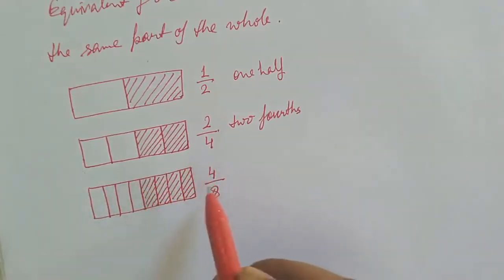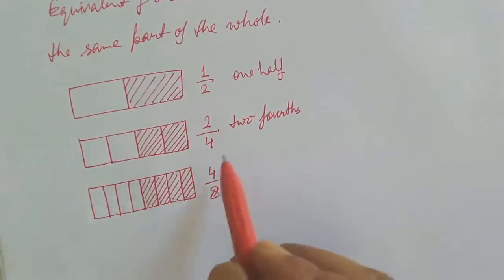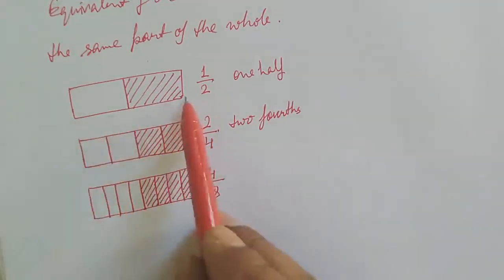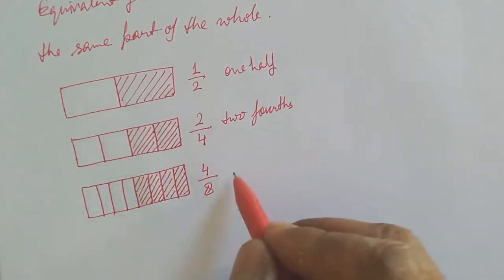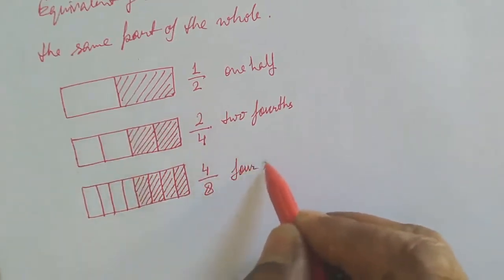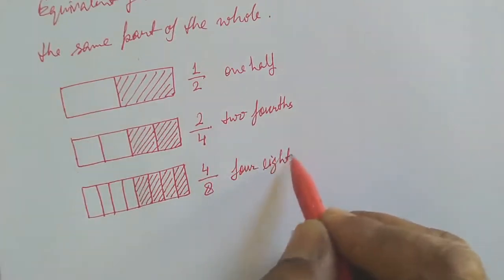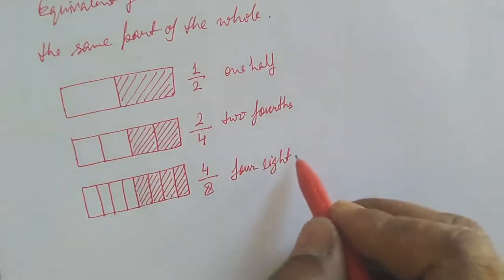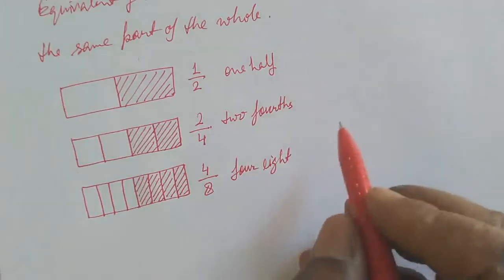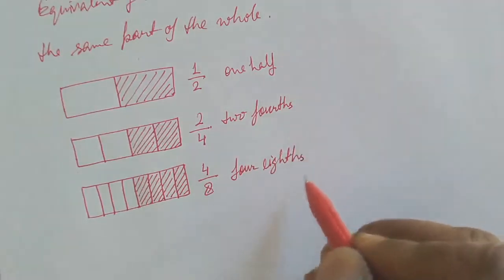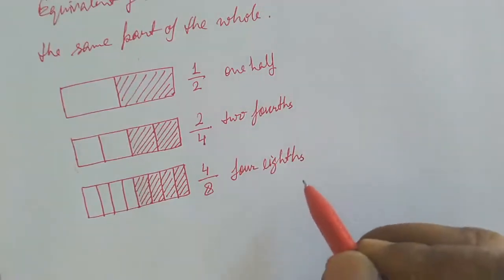Means half part is shaded. So out of the total, half is shaded. So this is 4/8.